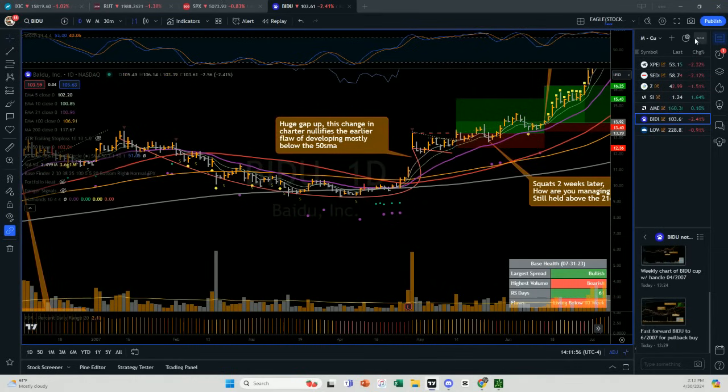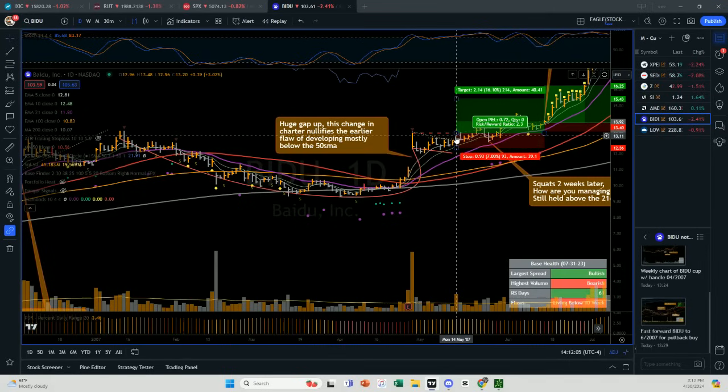See that candle that pops out of the horizontal trend line which has been drawn? That first day it breaks out, what's the gap to the low of the previous session?